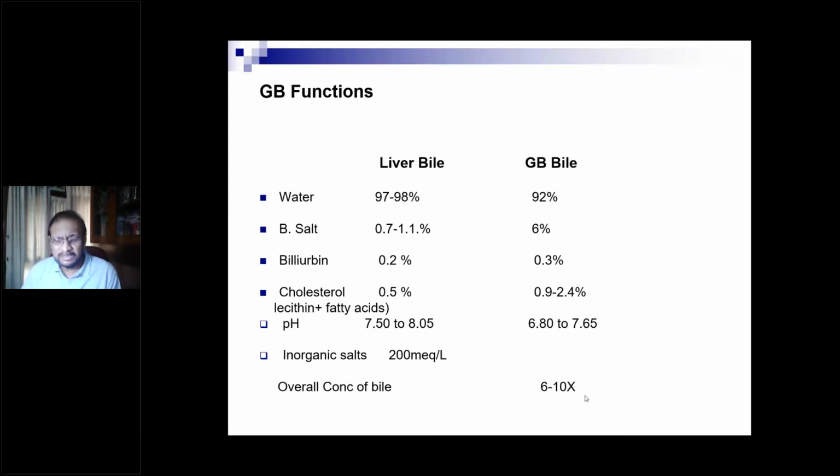The liver bile is converted into the gallbladder bile. Two things are happening. Number one, there is concentration of the constituents because of more water absorption, and at the same time, the pH changes from 7.58 to almost acidic. So the gallbladder bile is slightly more acidic as compared to the liver bile.